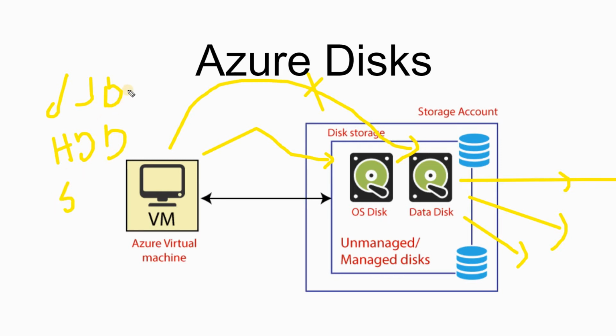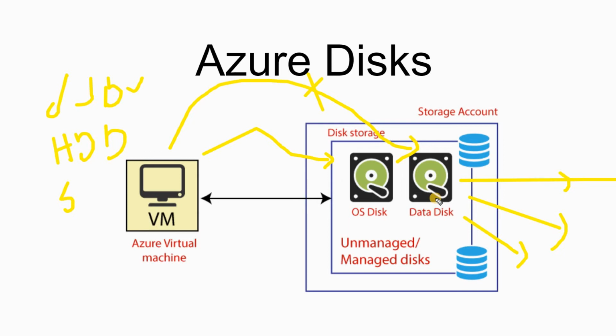The use of SSD is that it provides better IOPS compared to an HDD, but obviously it's costlier. So that's the reason why for OS disks we choose a premium SSD, and for data disks we can prefer a standard SSD or a standard HDD. Or if cost is not an issue and optimized performance is a major criterion, then we can prefer a premium SSD even for data disks.